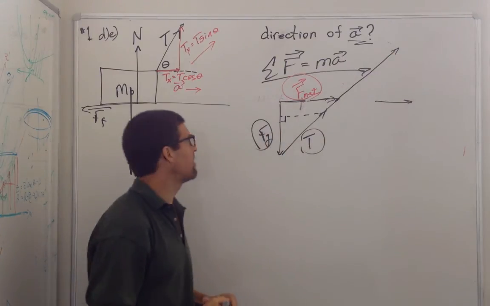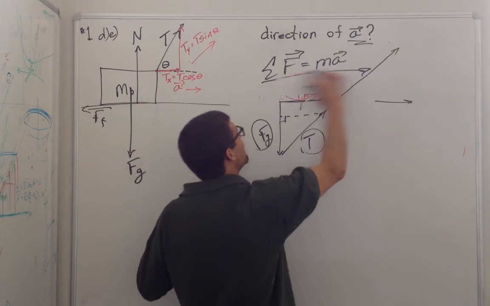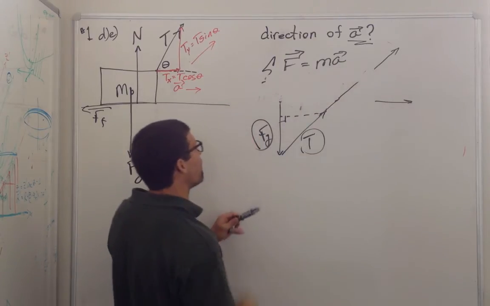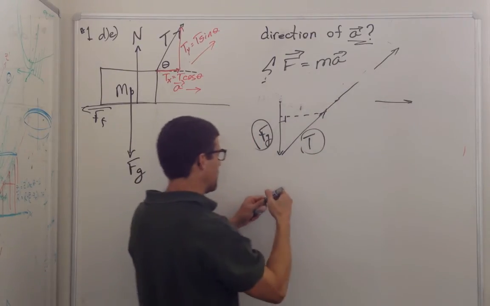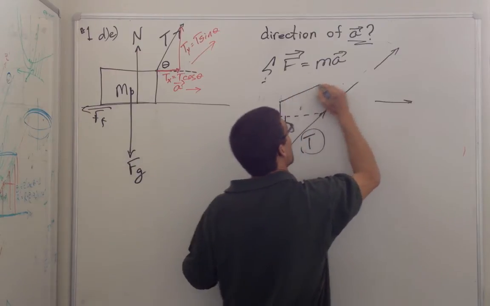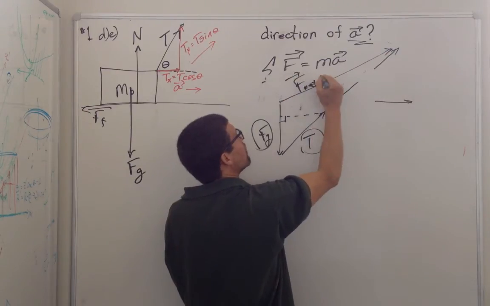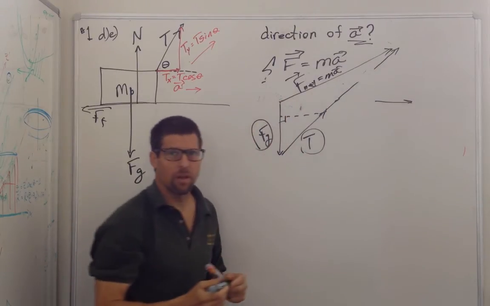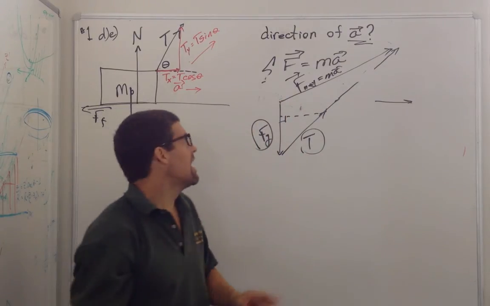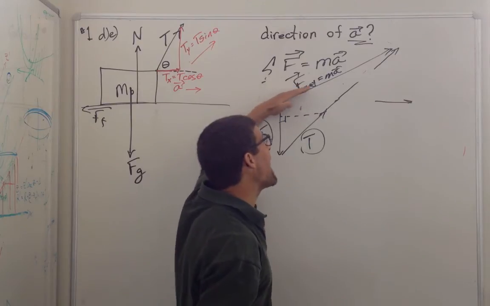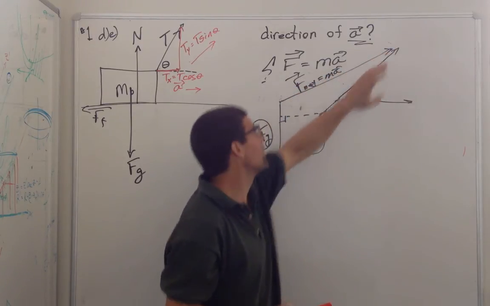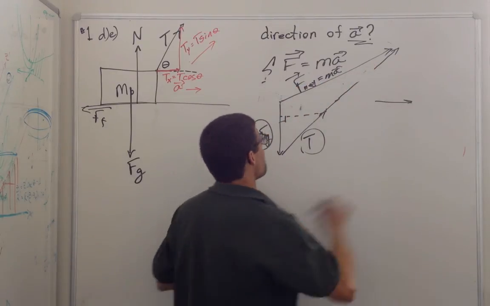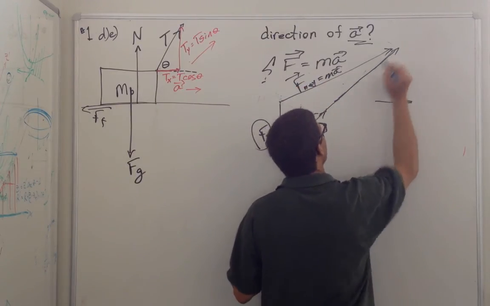I pull harder on the tension, and then I see when I add the force of gravity to the tension, I get the net force, which is mass times acceleration. So this is the direction of the acceleration. And you can see, if I didn't demand that the total sum of the forces be in this direction, I would not be able to find the tension.